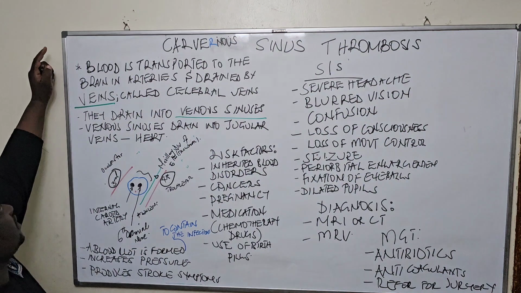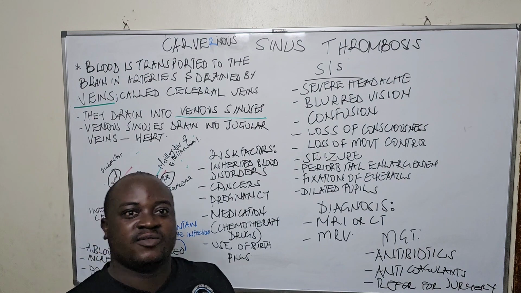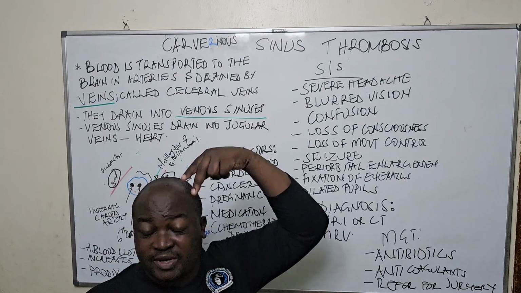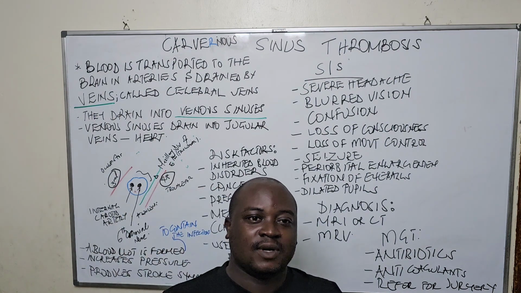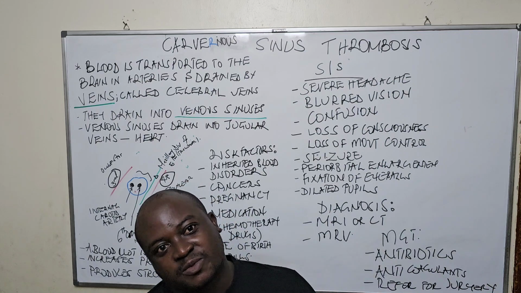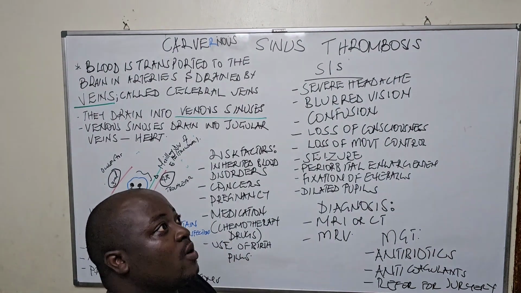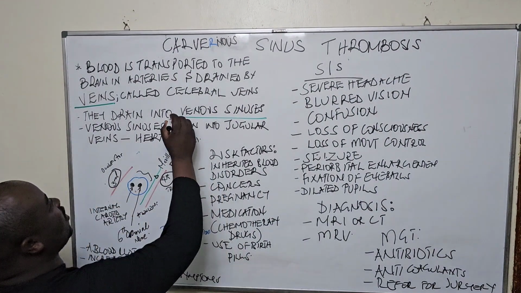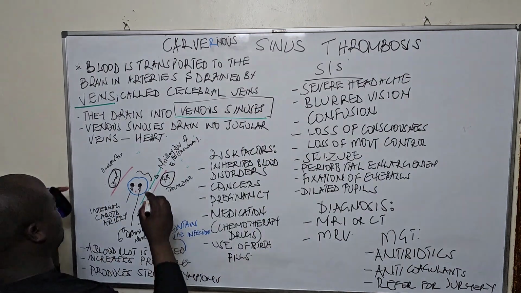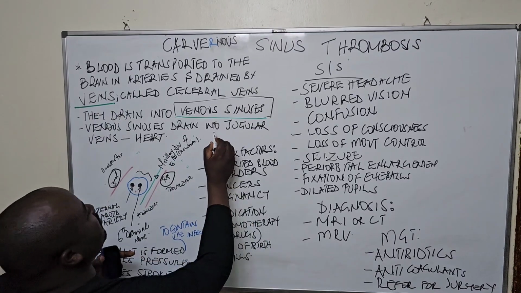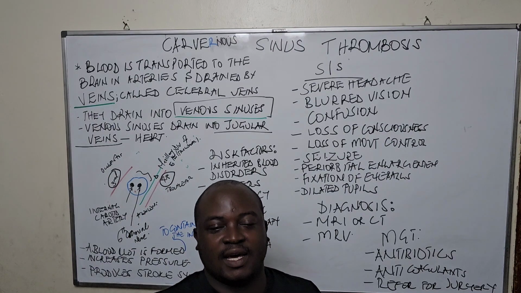First of all, we shall begin by saying blood is always drained from the brain through veins, but it goes to the brain to supply it with oxygen and nutrients through arteries, and is drained, of course, by veins. When it is drained by veins, it is joined into bigger veins, the ones we call venous sinuses, which now also join into the bigger one, the jugular vein, which goes to the heart.